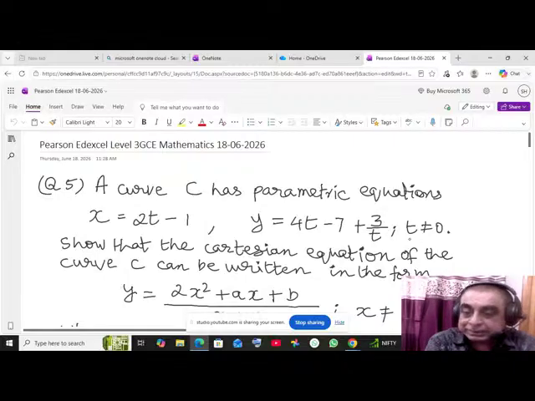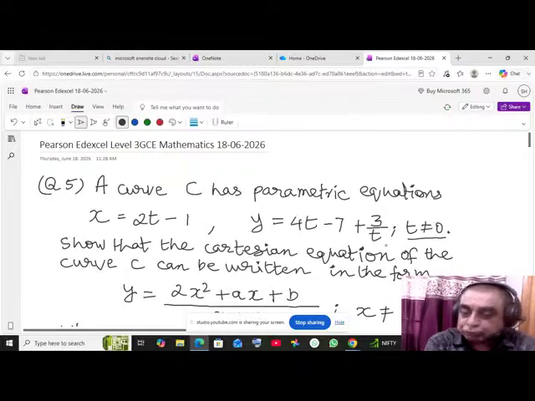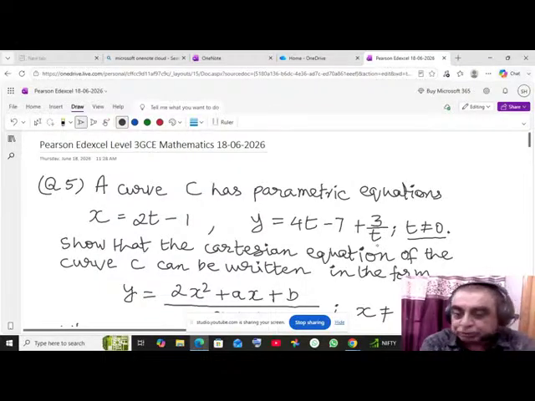See here t not equal to 0 has been mentioned. Why? Because 3 divided by t is one of the terms of y. If t is 0, then 3 divided by 0 will be meaningless. So that is the reason why t not equal to 0 has been mentioned.